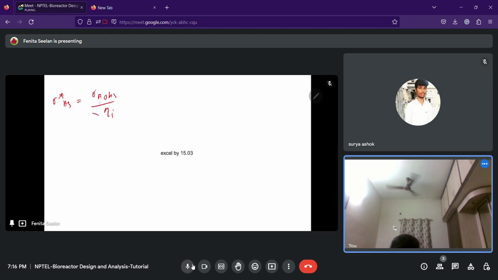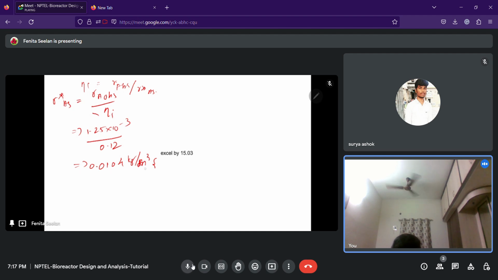The formula is R star divided by eta. If we substitute this, it is 1.25 into 10 power minus 3 divided by 0.12, which is 0.0104 kg per meter cube second.